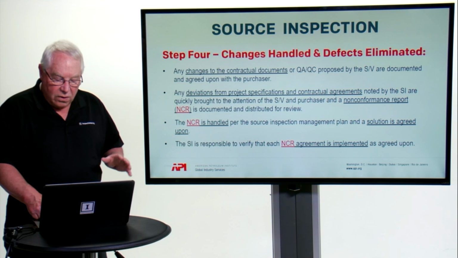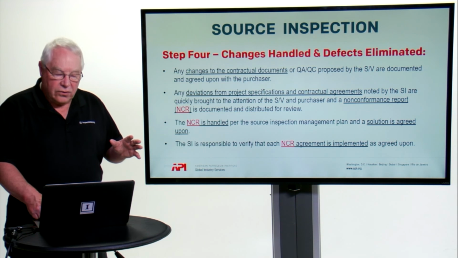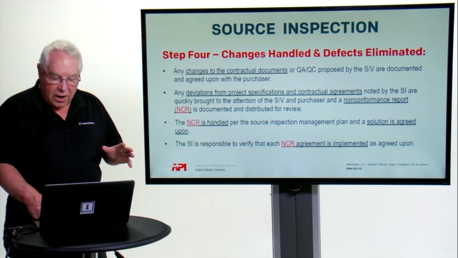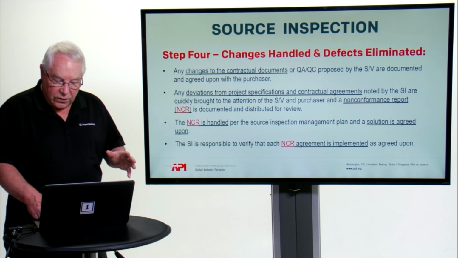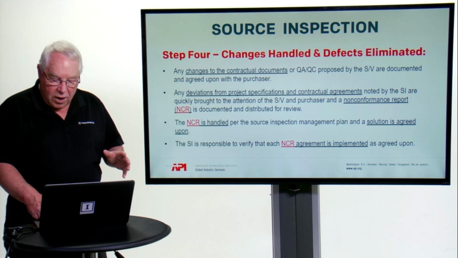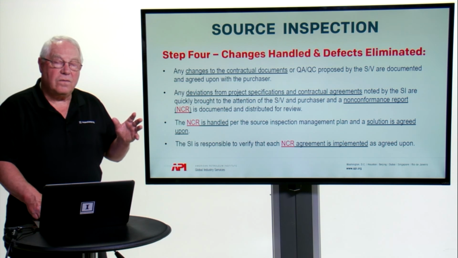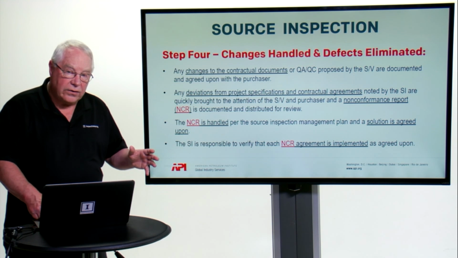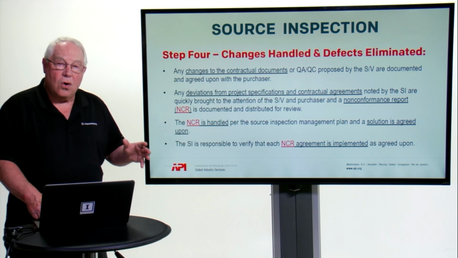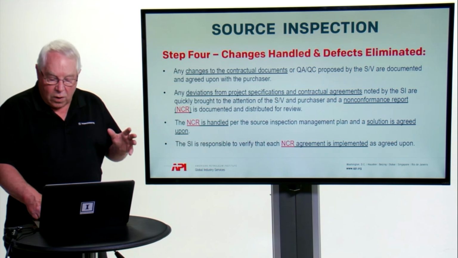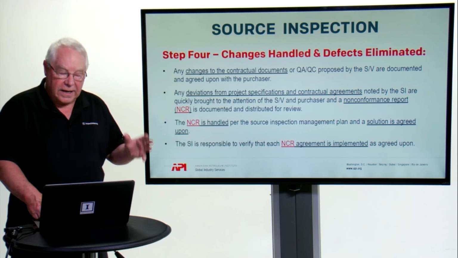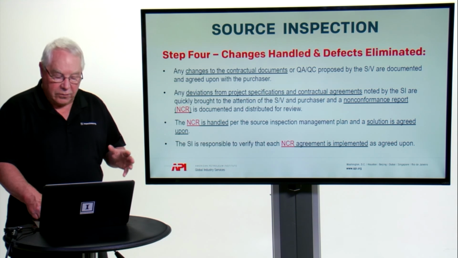Additionally, in step 4, if the source inspector notes any deviations from project specifications, any flaws or defects, if you will, they have to be quickly brought to the attention of not only the supplier vendor who's fabricating the product, but also the project manager or the purchaser of that product in the form of what we call a non-conformance report, or an NCR, a very common term in the industry.